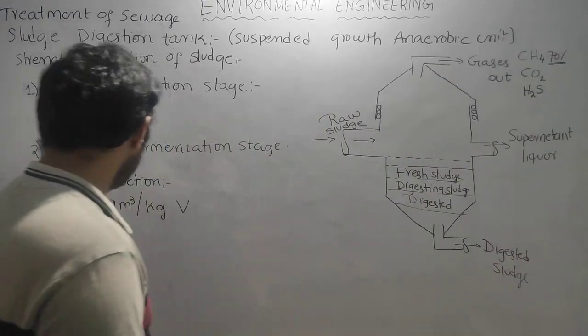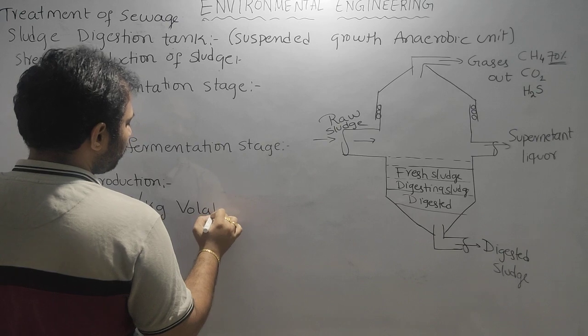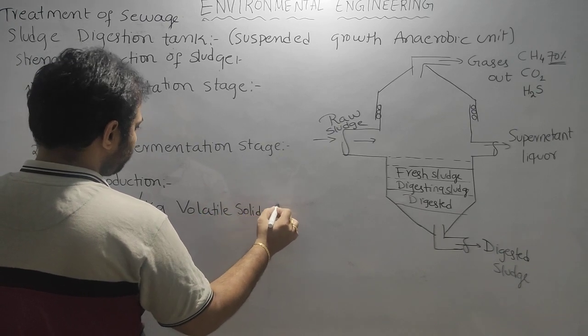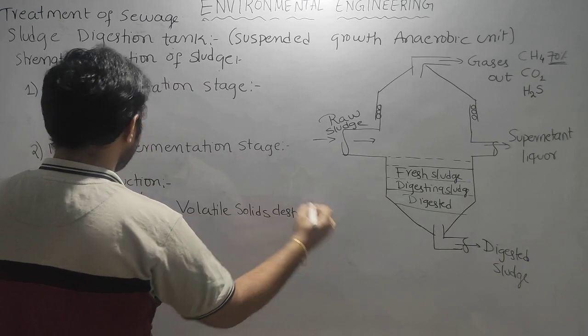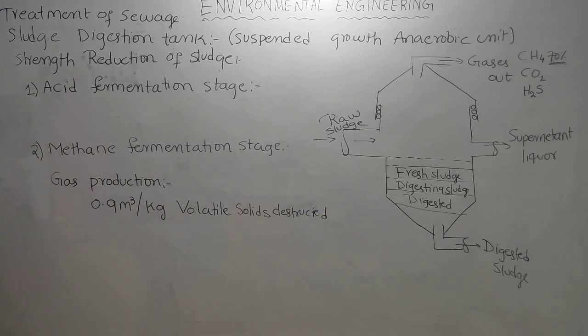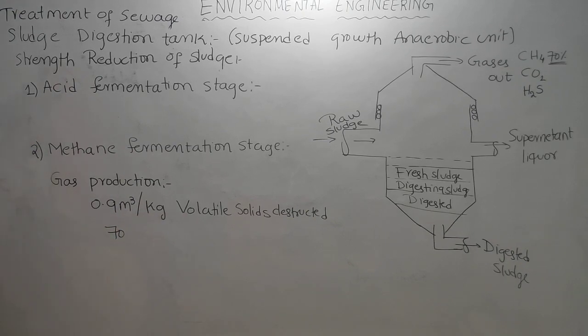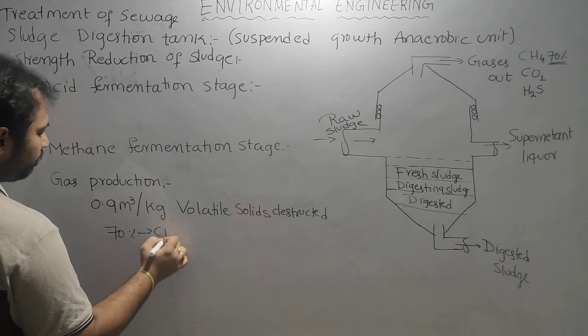So for per kg volatile solids destructed, in that 0.9 meter cube, 70 percent will be methane.